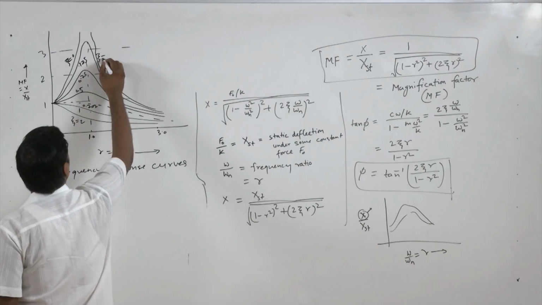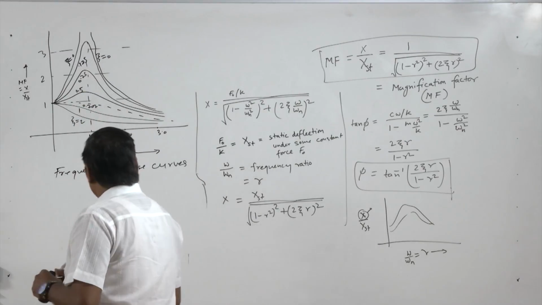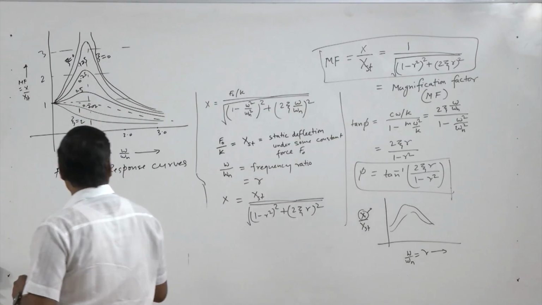This is zeta equal to 0. So this is the frequency response curve.